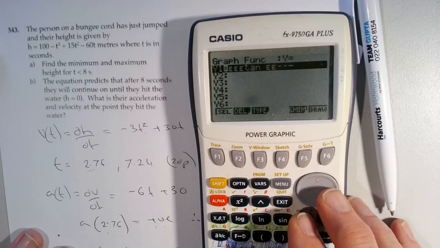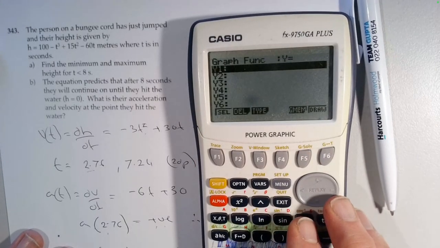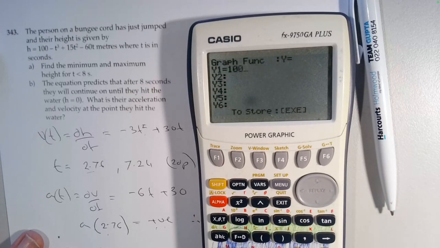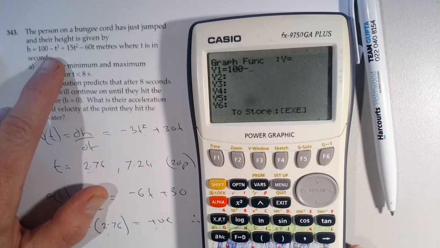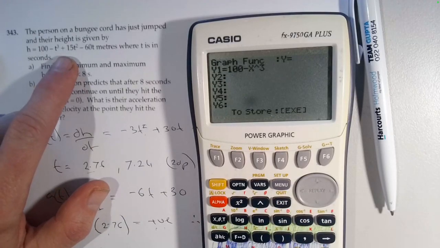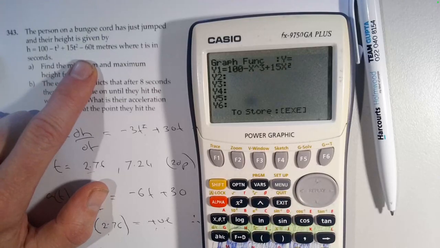And okay, so this is where the program comes in a bit. 100 minus x power 3 plus 15 x squared minus 60x.